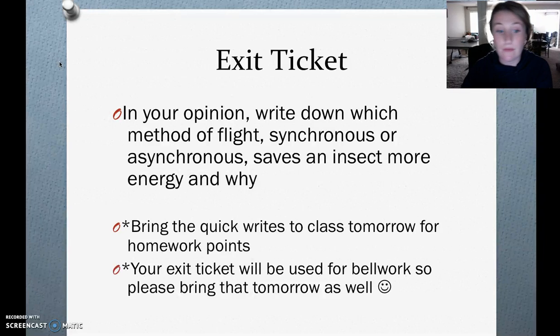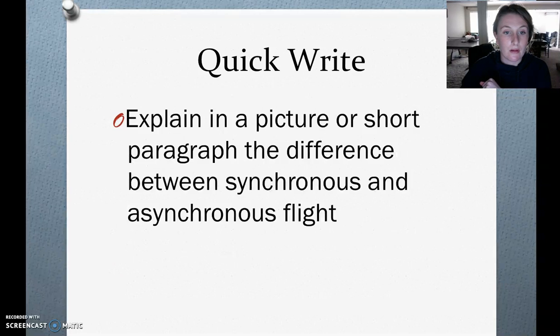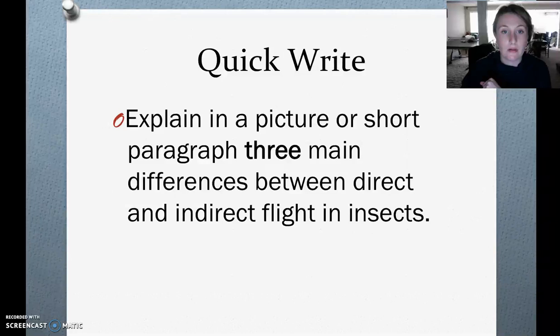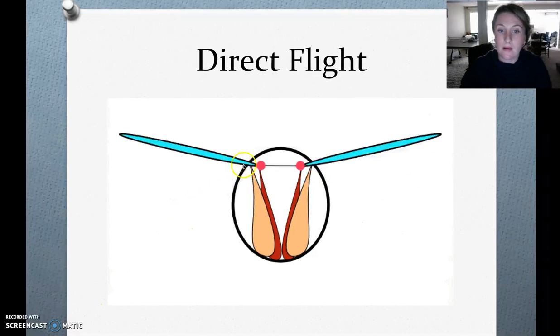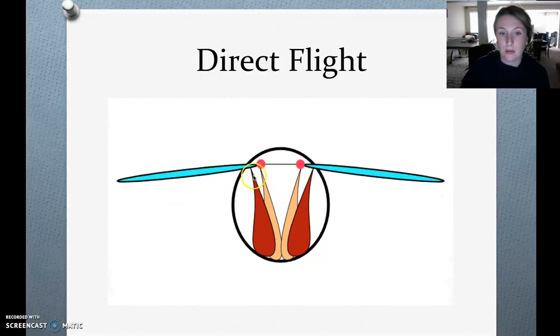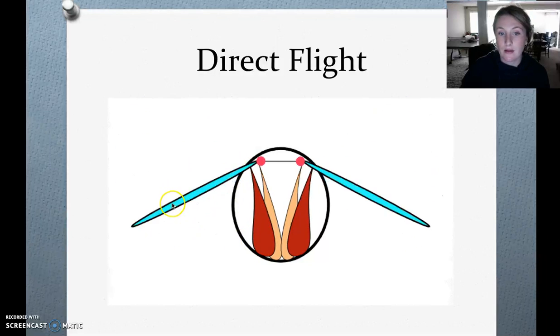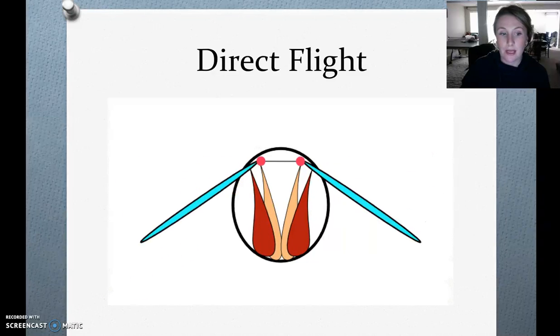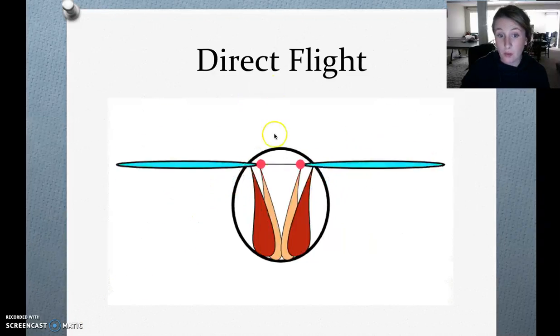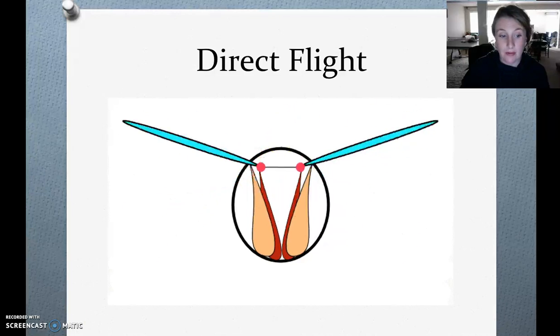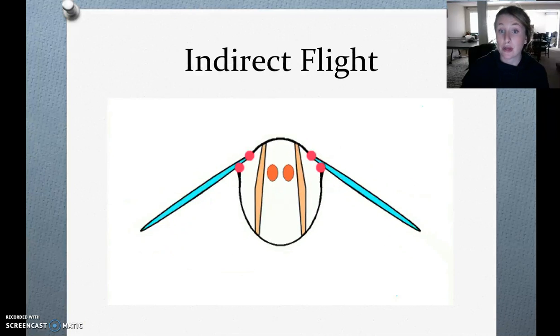And just a quick review, back to the two types of flight. So direct muscle pulls directly on the wing for an up and down movement, and that uses synchronous flight. So it's one nerve impulse per one flap. So it's slower, more controlled.